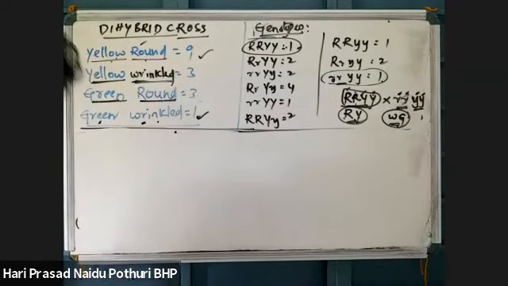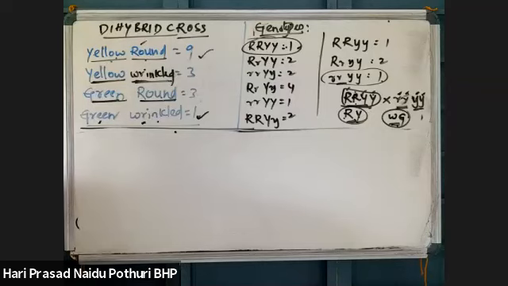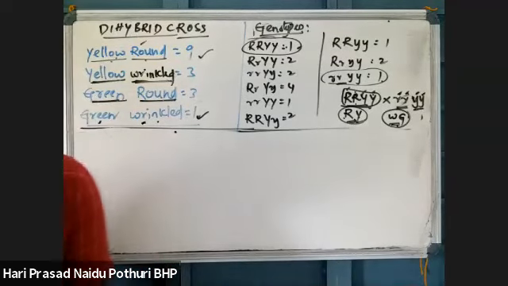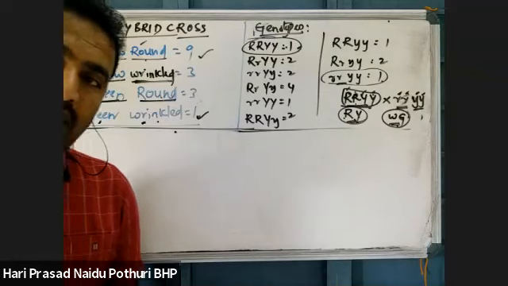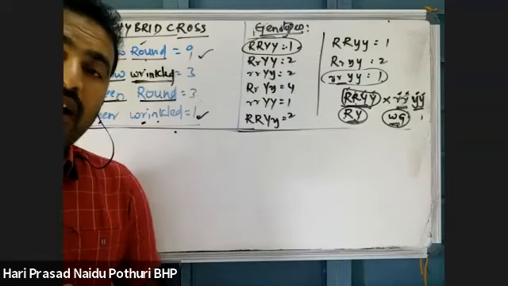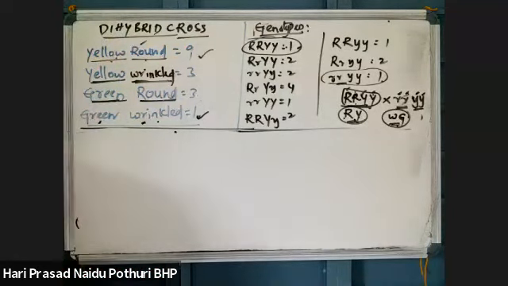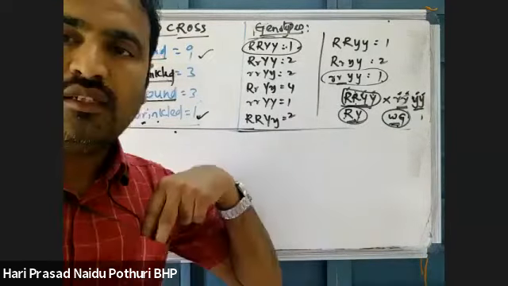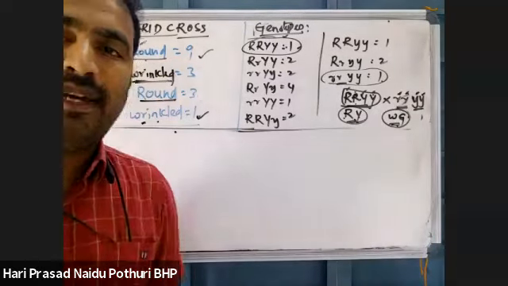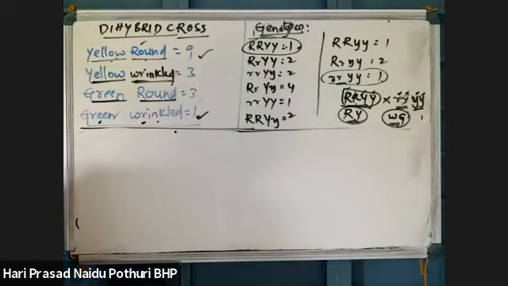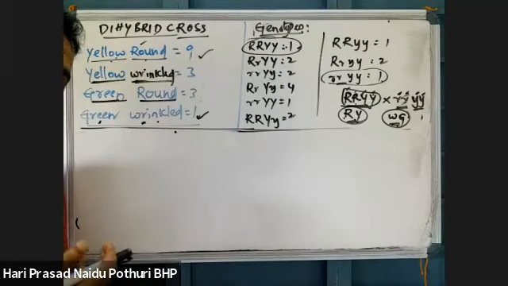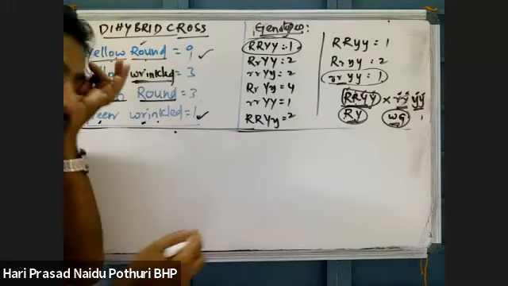Okay, and coming to the same questions, I will ask you orally. What is the percentage of F2 progeny that resemble dominant parents? What are dominant parents?